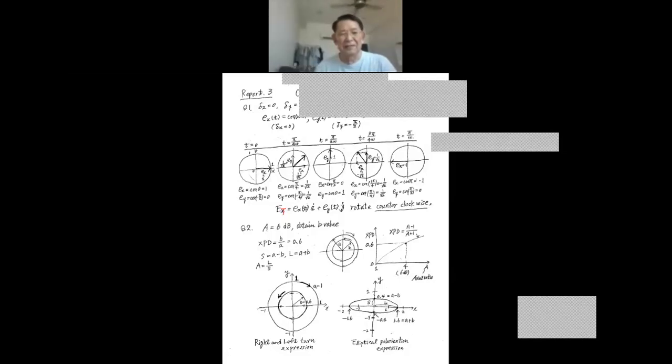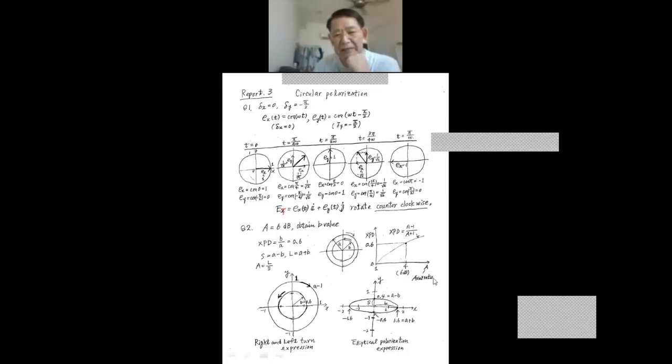So try to consider this example and explanation of axial ratio and XPD. The axial ratio, this elliptical, is used for the product specification of circular polarization.